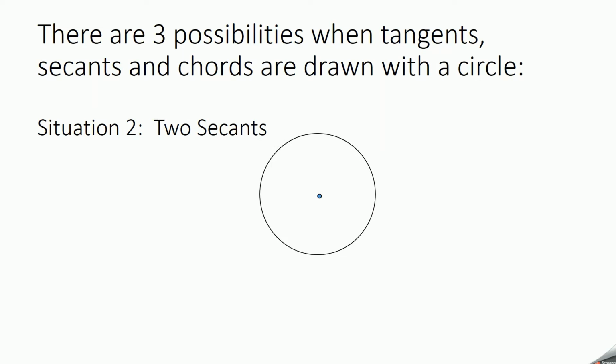Situation 2 is when I have two secants drawn in. Reminder, secants are lines that go through the circle at exactly 2 points. So in situation 2, when I draw in two secants, there are sections outside the circle and there are sections inside the circle.